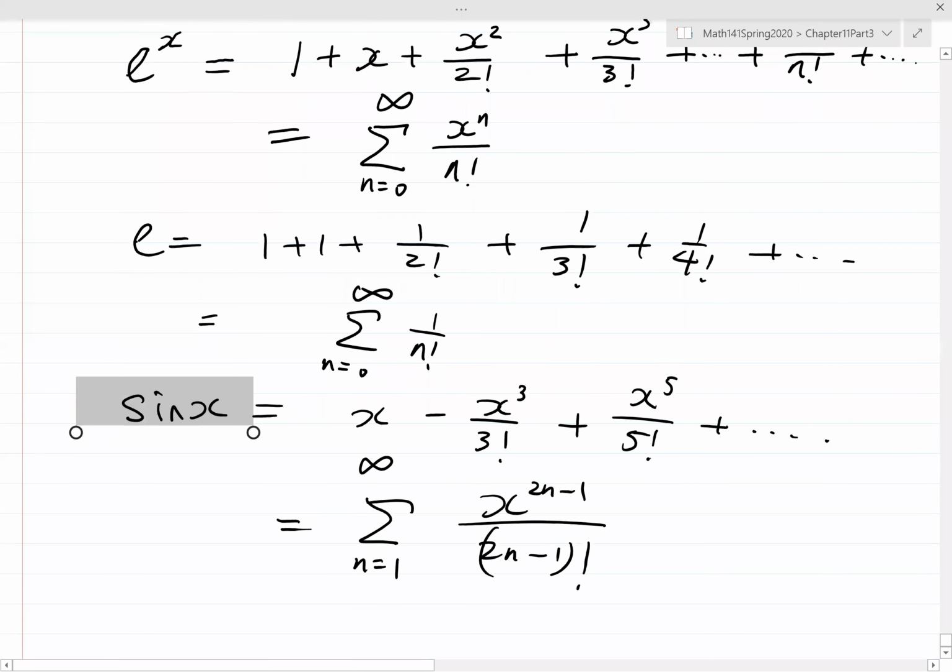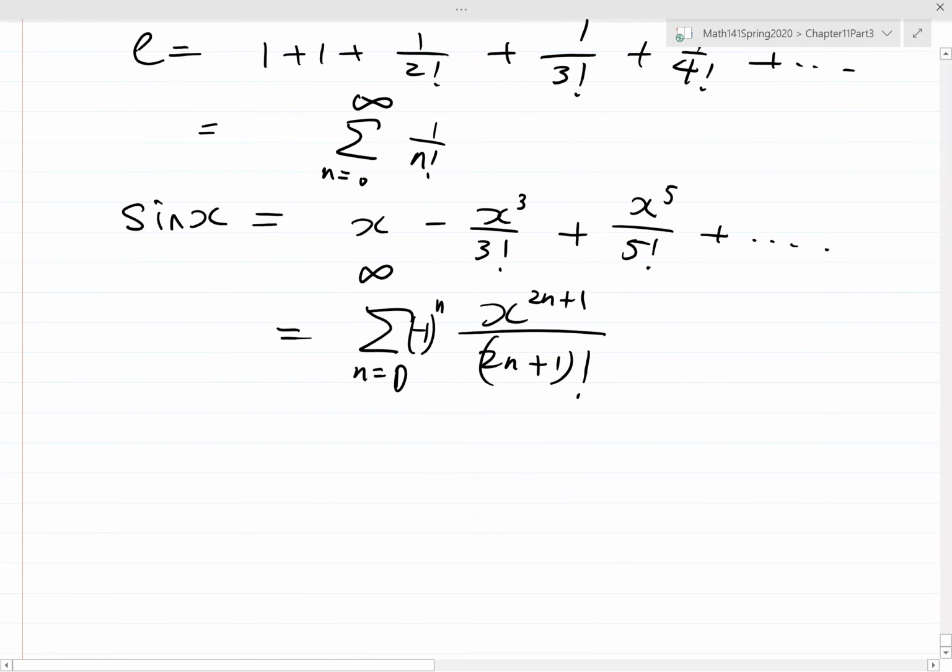Here we have an alternating factor. Don't forget the alternating factor: minus 1 to the power n, starting from 0. So this is sine x.